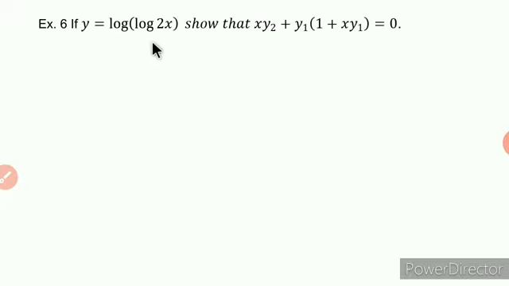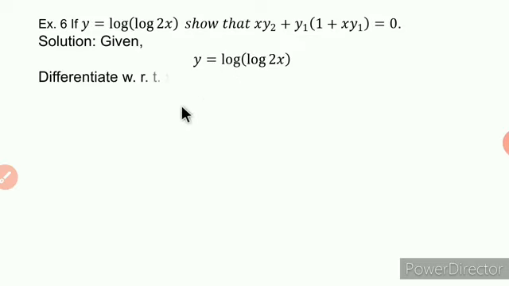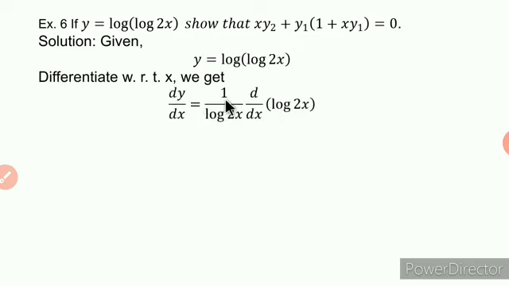If y is equal to log of log 2x, show that x y2 plus y1 multiplied by (1 plus x y1) is equal to 0. Now here it is given y is equal to log of log 2x, and therefore differentiating with respect to x, we get dy by dx is equal to 1 upon log 2x into d by dx of log 2x.